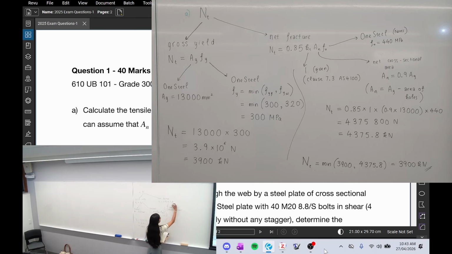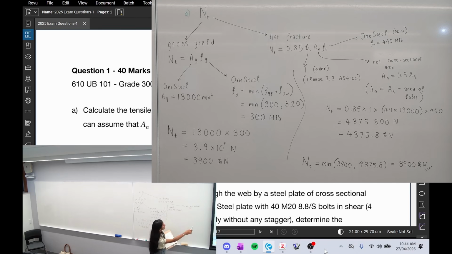A_N is your net cross-sectional area, and this one you can't find from OneSteel. OneSteel only gives you the gross area, which we looked up before.